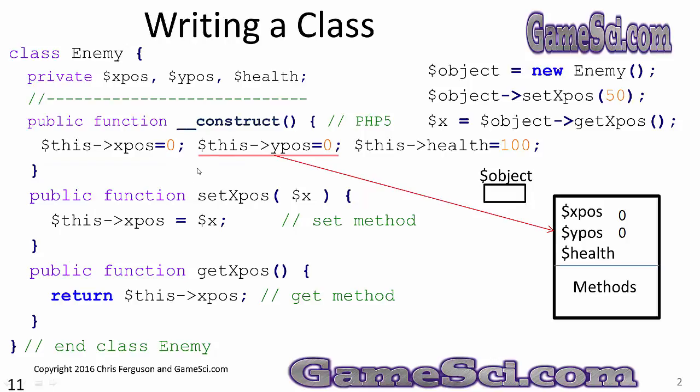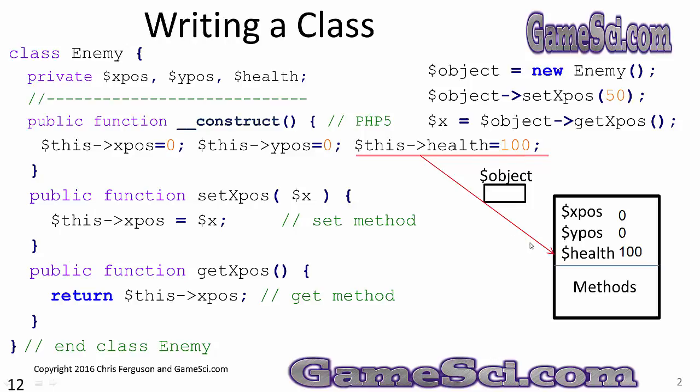Next line of code, I want this object's y position to be set to 0. And you follow the arrow and you can see that this object's y position variable gets set to 0. And finally, this object's health variable gets set to, excuse me, said that wrong, set to 100.